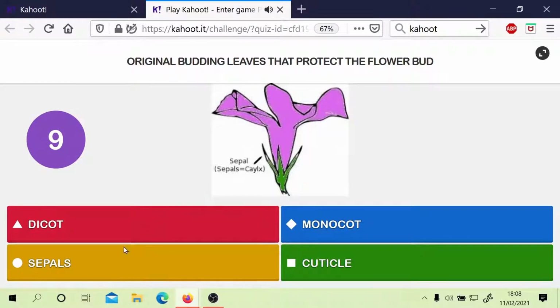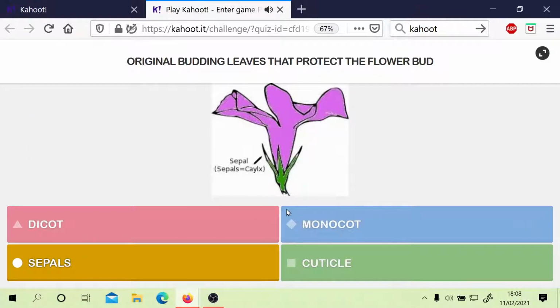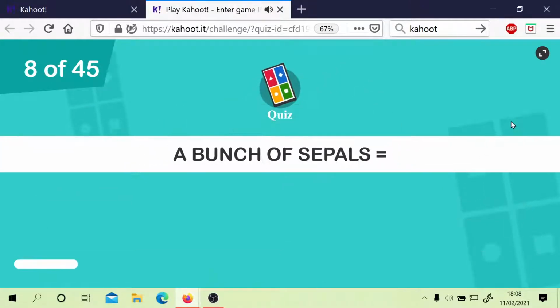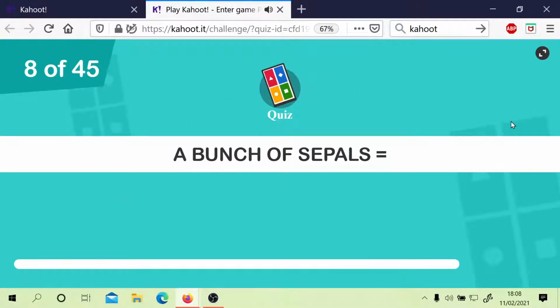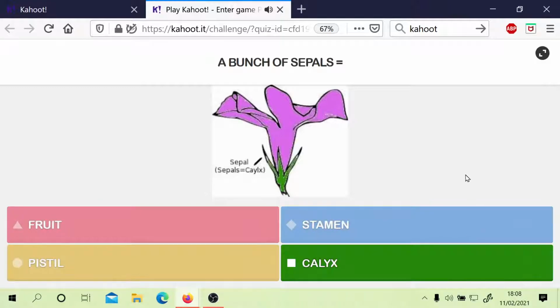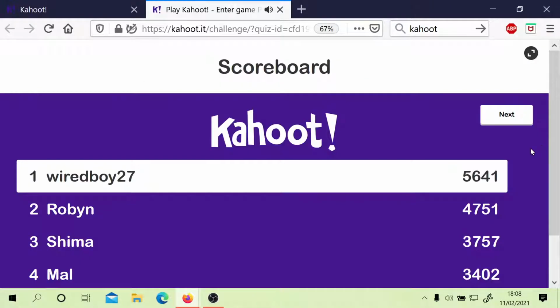I think they're probably the sepals. Yep. I actually really like this one. This one's really good. I think a group of sepals is a calyx. I think it is. Yeah, it is.